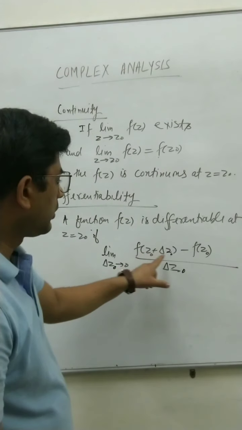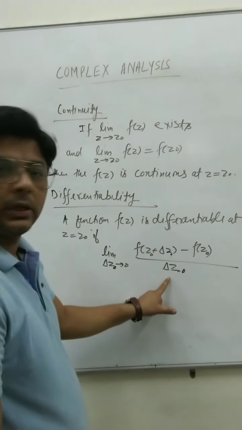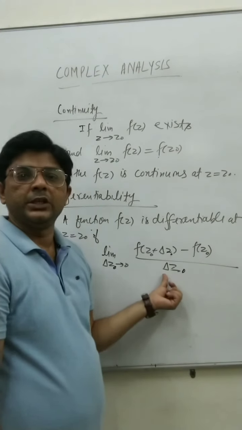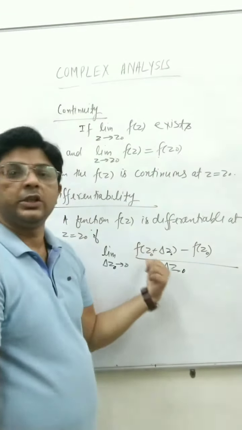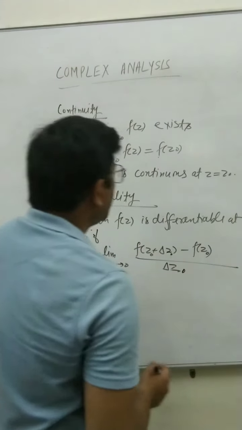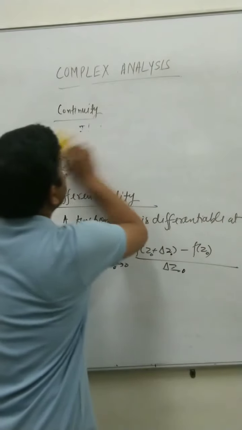In the denominator we have the change in z, and in the numerator we have the change in f(z), because we already know that the function is w equal to f(z).